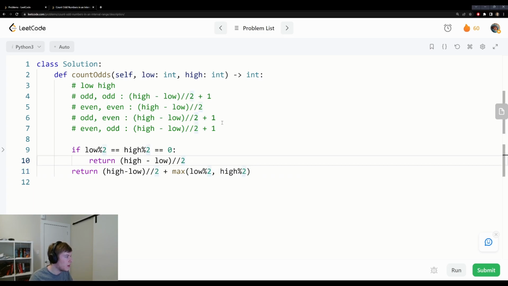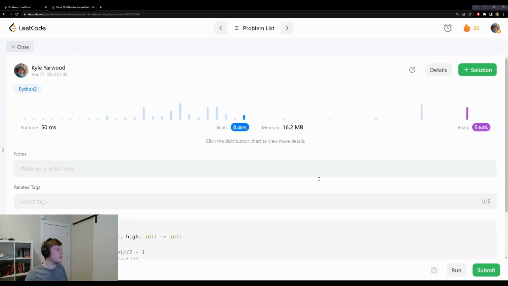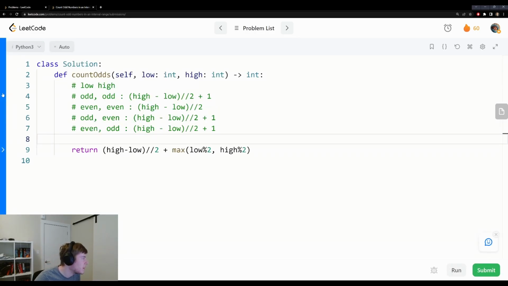Because you can see that in all these other cases, there's going to be an odd number at some point. So the maximum of these mod 2s would be 1, because an odd number mod 2 is 1. And this should give us the correct solution. Oh, awesome. That's kind of fun.